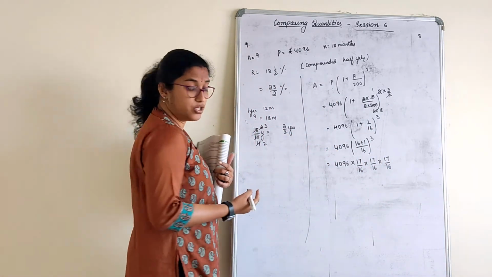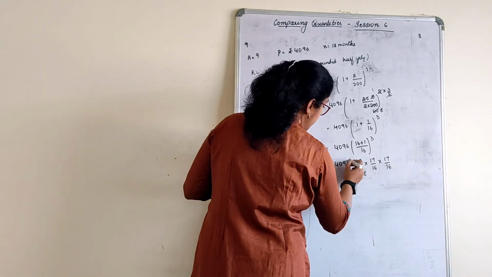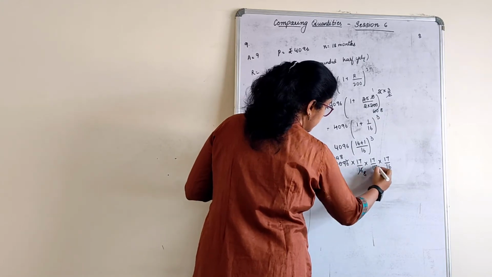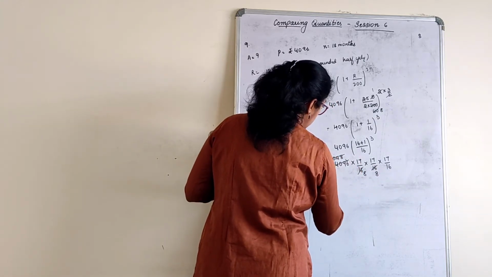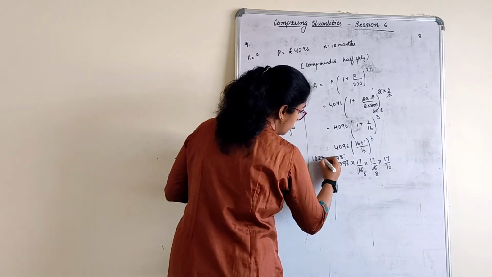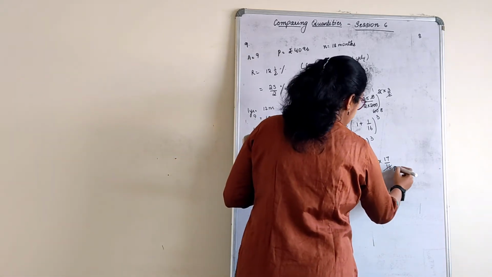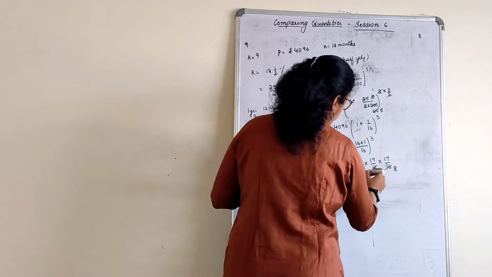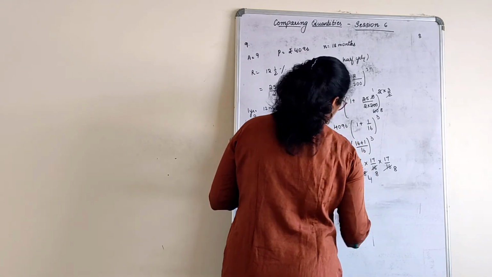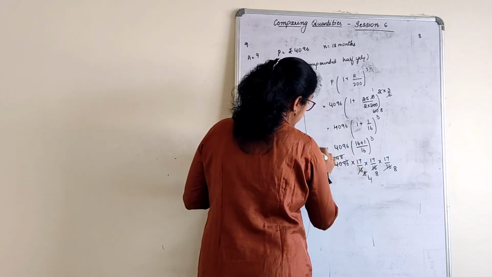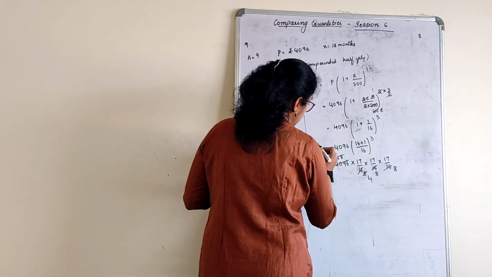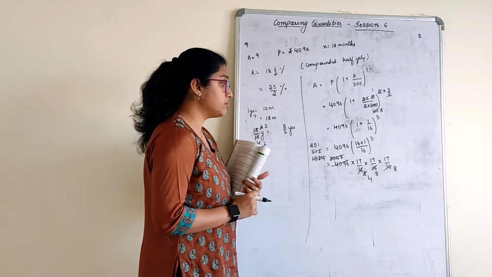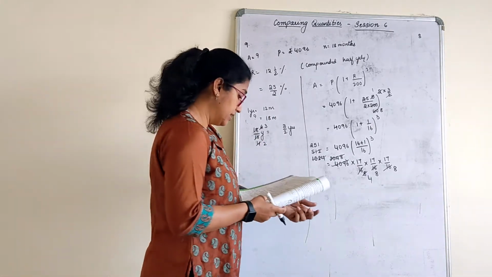Try to cancel it as much as possible. 2 8s are 16, 2 2s are 4, 2 4s are 8, 2 8s are 16, 2 5s are 10, 2 1s are 2, 2 2s are 4. Further you can't divide it, so 251 into 17 into 17 into 17 divided by that big number.